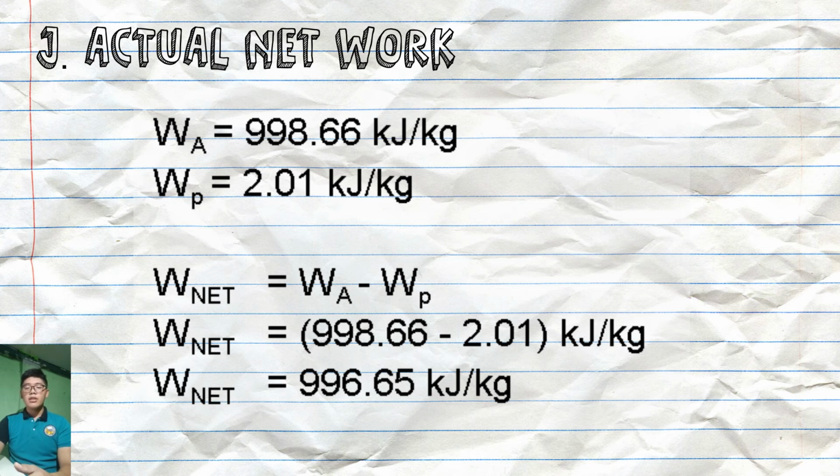WA is equal to 998.66 kilojoules per kilogram and WP is equal to 2.01 kilojoules per kilogram. So WNet is equal to 998.66 minus 2.01, and the value of our actual network will be 996.65 kilojoules per kilogram.